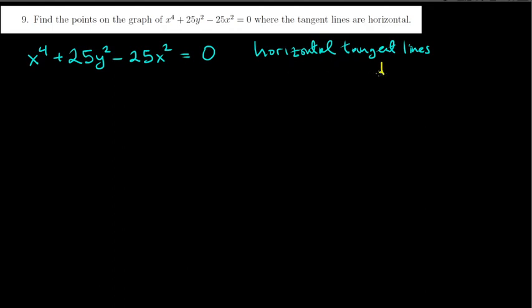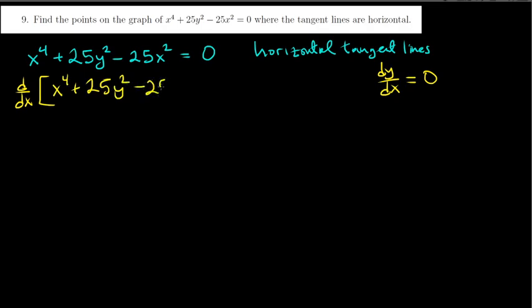The slope of the tangent line is the derivative. So that means the derivative has to be 0. So we need to find the derivative, and that's just implicit. You could solve for y here, but you're going to get a plus or minus square root, and that's not pleasant. So as usual, we'll just take the derivative of both sides implicitly.